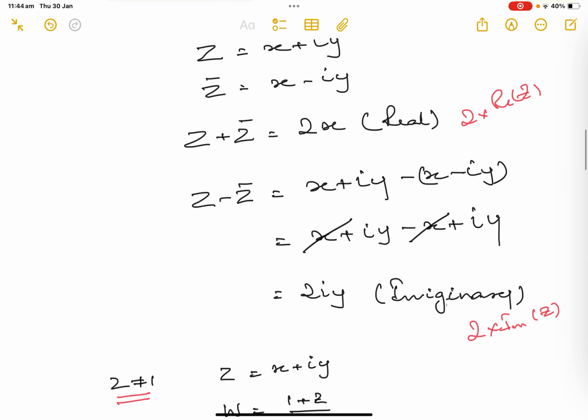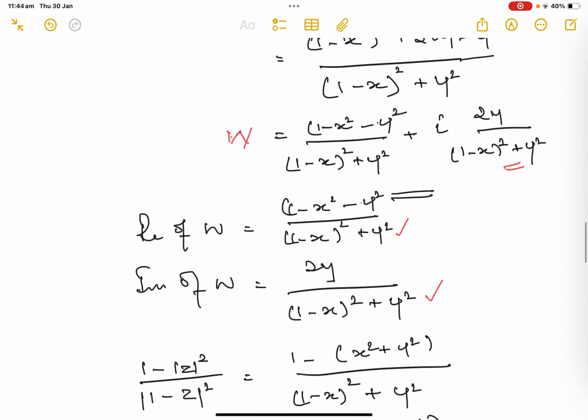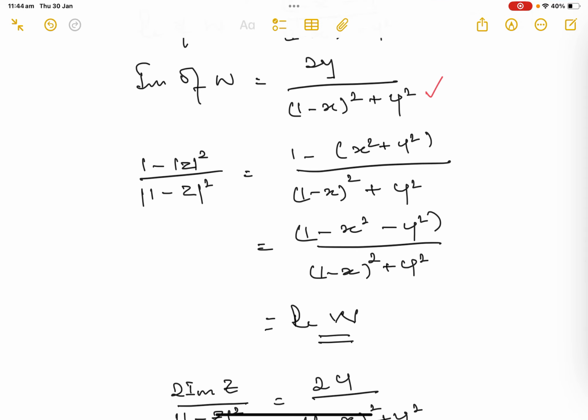So we are just dealing with this second part, the right hand side of the equation which we need to prove. Okay, 1 minus modulus z squared divided by the modulus of 1 minus z squared.